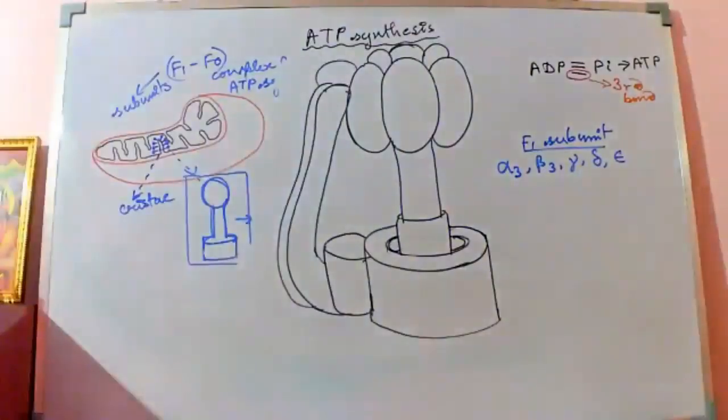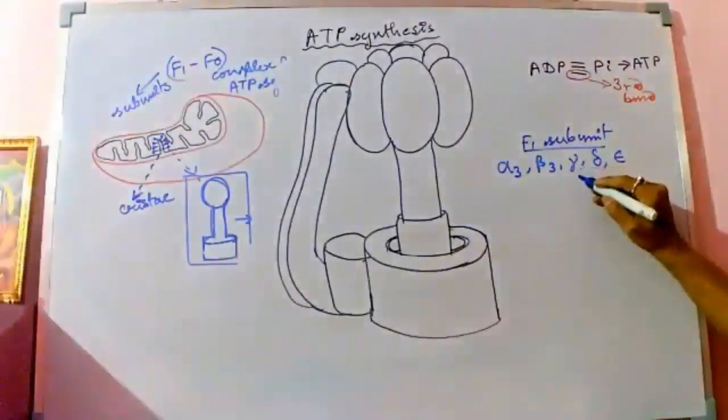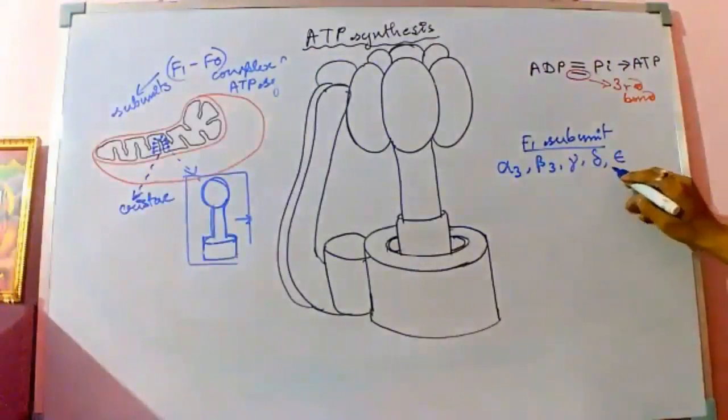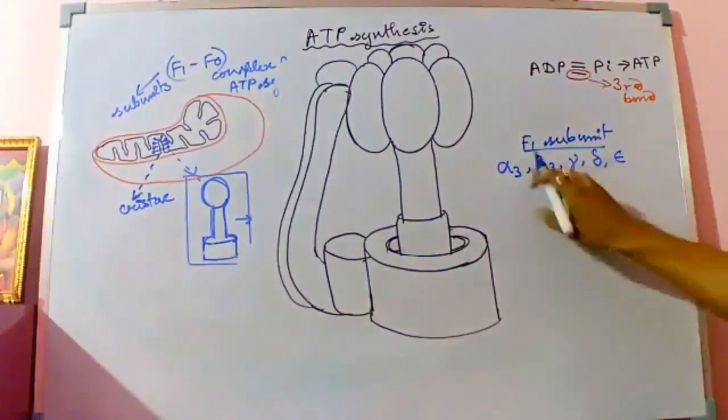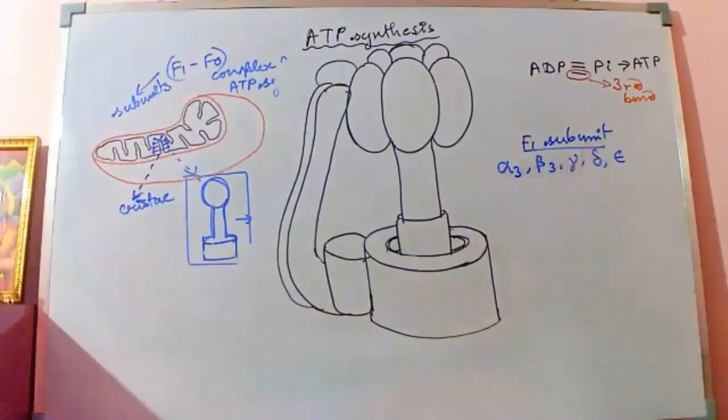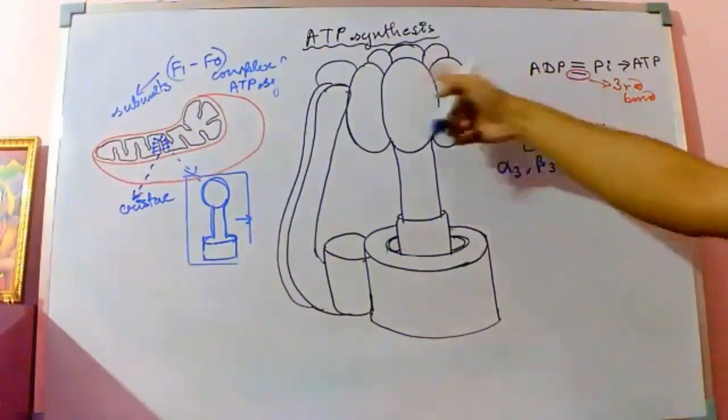So there are 3 alpha nucleotides, 3 beta nucleotides, and 1 gamma, 1 delta and 1 epsilon. So these units are arranged in a hexameric form. Hexamer means this is the hexameric form.